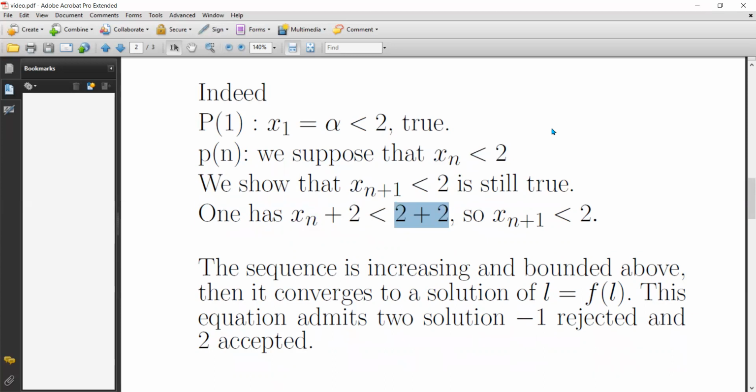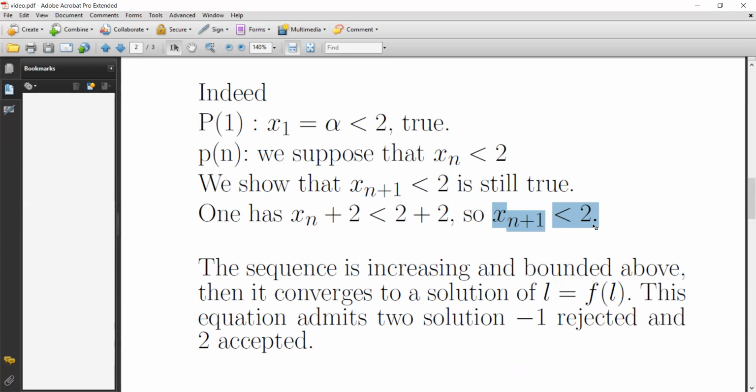If we take the square root, it is less than 2, which means that the statement is true for all n. This means that the sequence is increasing and bounded above. It is bounded by 2.